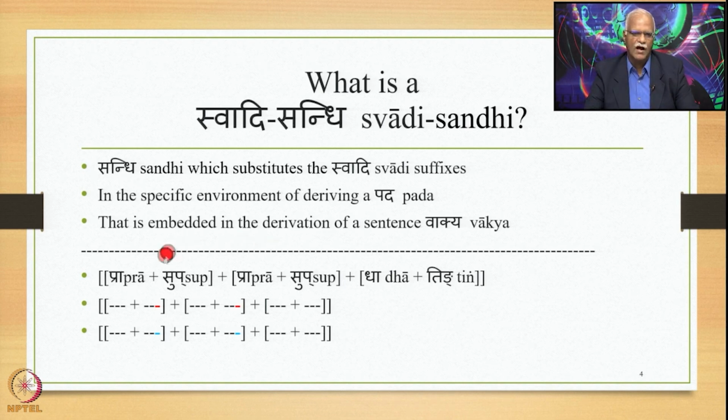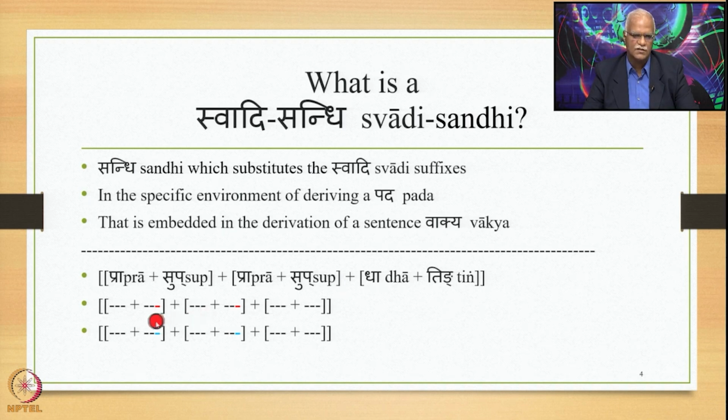So, the vakya should be at least of this kind, where you have pratipadika plus sup as one pada, pratipadika plus sup as the other pada, and dhatu plus ting as the third pada. Now, in this case, this is a sup on the right hand side of the plus sign. This is followed by the second pada, to be more specific, followed by a prakriti in the second pada.